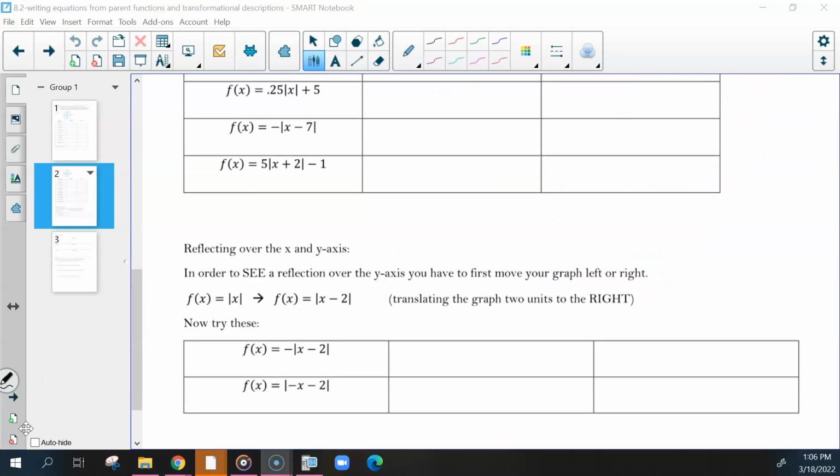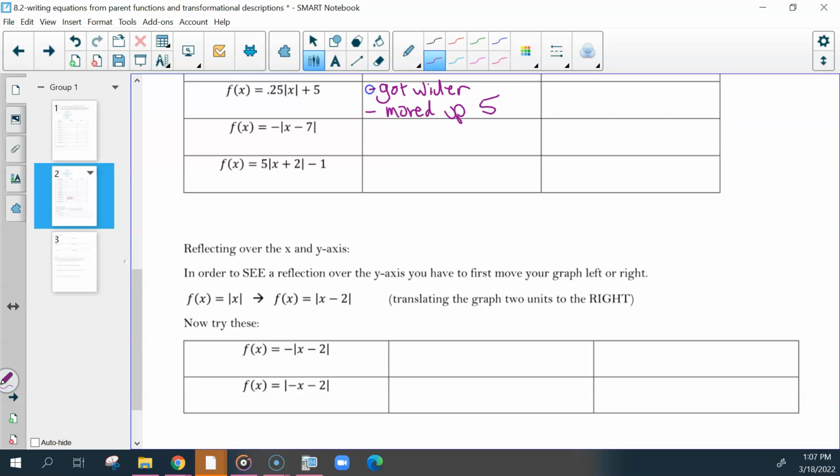Alright, so now that we've put a bunch in the calculator, we're going to try to do this without the calculator, and then we'll double check it. So if we are multiplying by a fraction out front, in the past when we've multiplied by a fraction, it's gotten wider. And we're also adding 5 to the entire function. So in the past when we've done that, it's moved up 5.